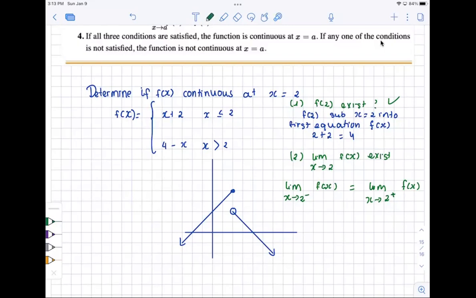This function here is x plus 2, and this graph here is 4 minus x.